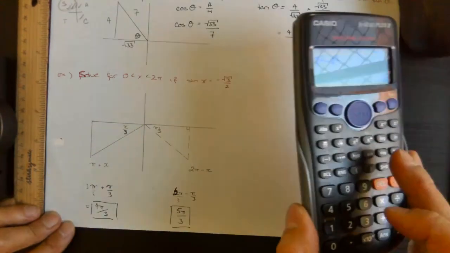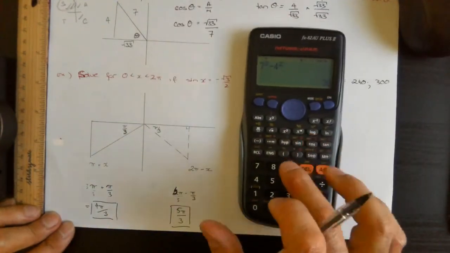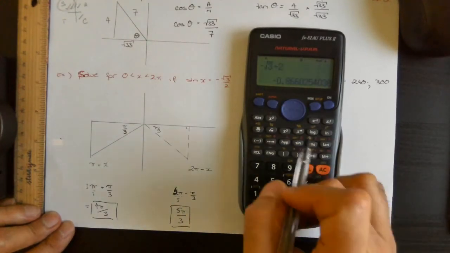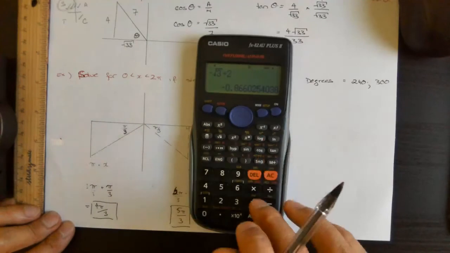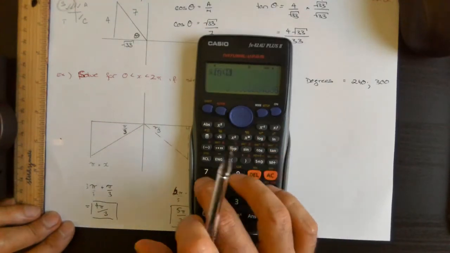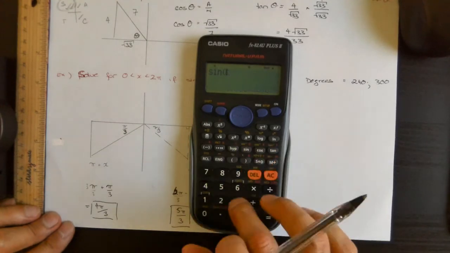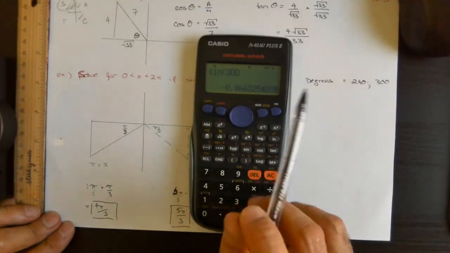Negative square root 3 over 2 is that number there. So if I press sine 240, I get the same number. If I press sine 300, I get the same number.